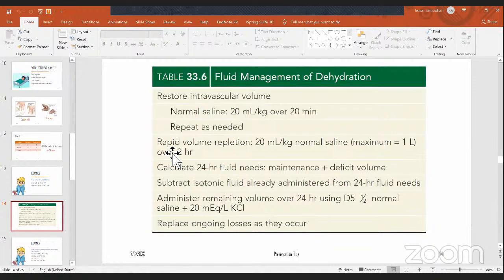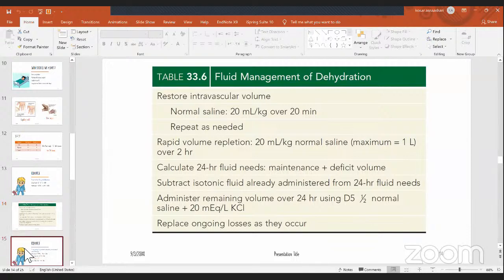It means that in the first 20, 30 minutes, 1 hour of serum therapy, we need to give a bolus of fluid for restoring the perfusion of the child. So we infuse 20 cc per kilogram of normal saline, and then after that, we will administer the rest of the fluid that we calculated.